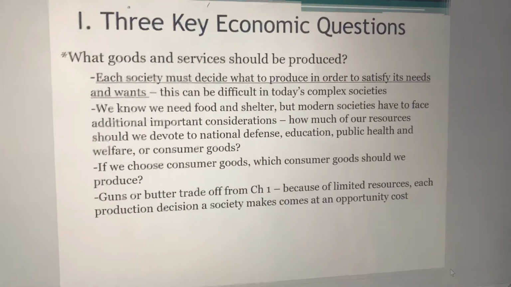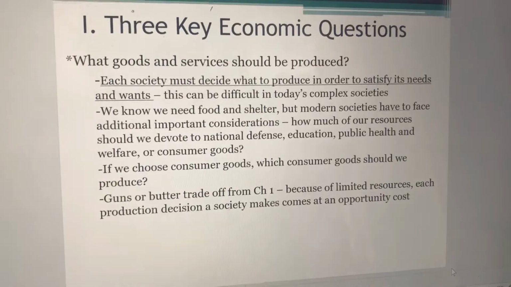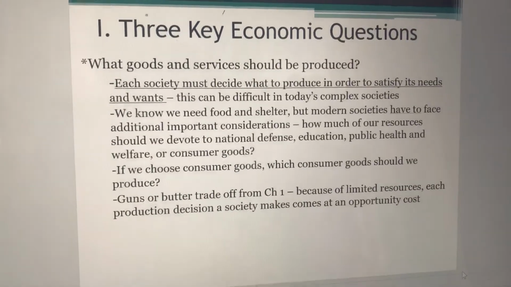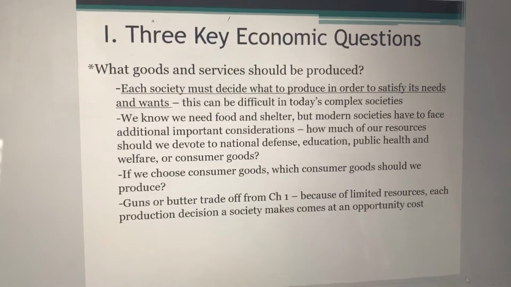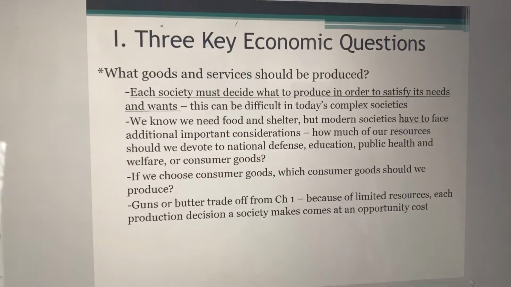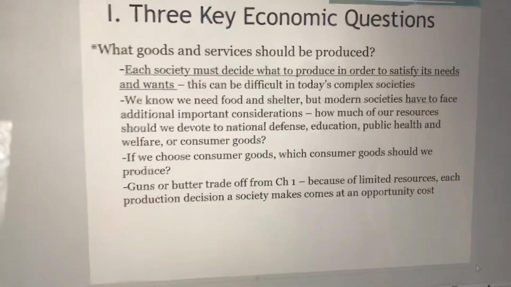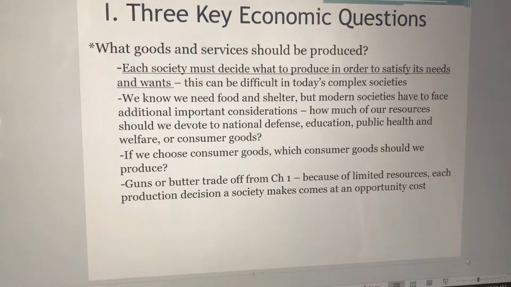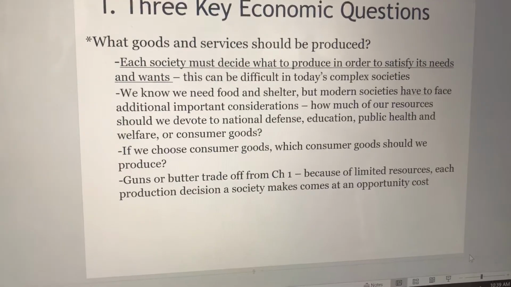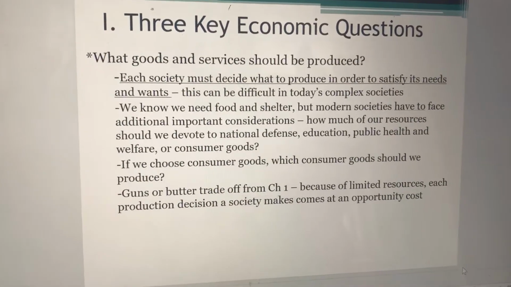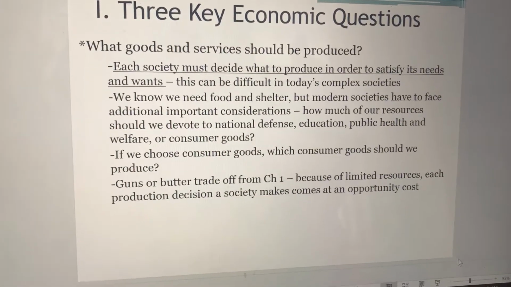I'm going to guess that most of us say that we should use as many resources as possible now to produce goods that will help with this pandemic. Protective gear, ventilators, all these things that we hear on the news. We should really devote resources to healthcare, but this is today. 6 months ago, we might have chosen national defense, education, etc.